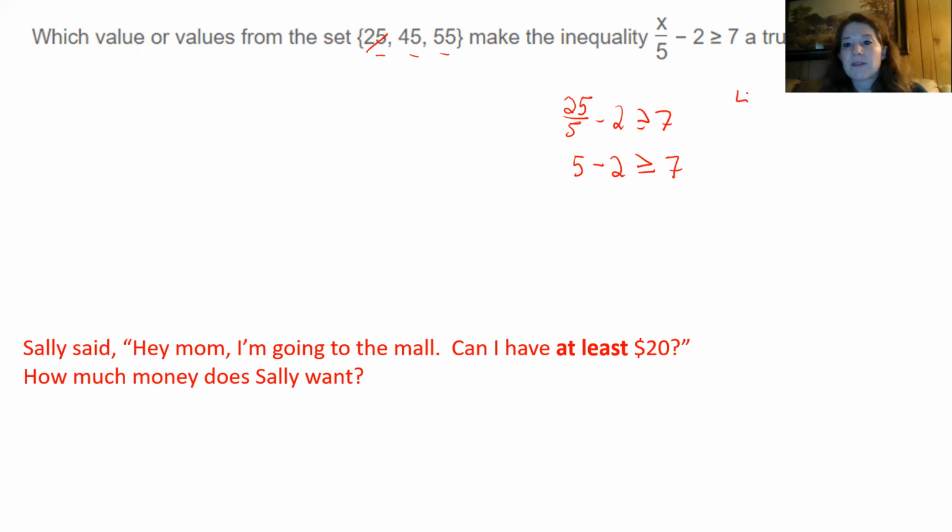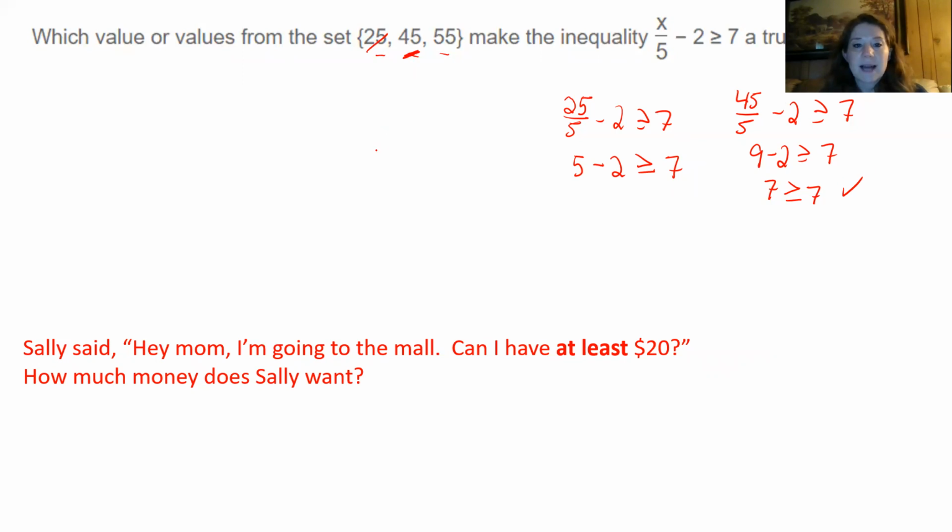Let's try 45. 45 divided by 5 is 9. And 9 minus 2 is 7. So is 7 greater than or equal to 7? Yes, it's equal to. So 45 is a true statement. I'm sorry, this box keeps getting in my way.